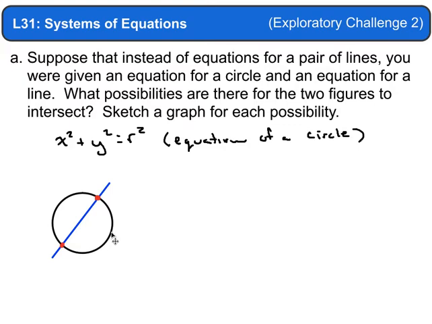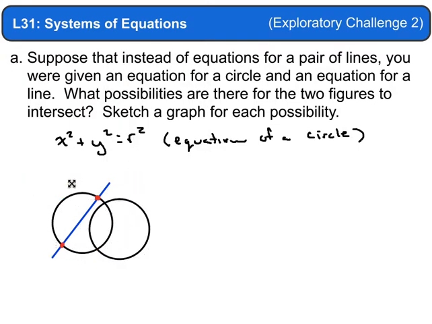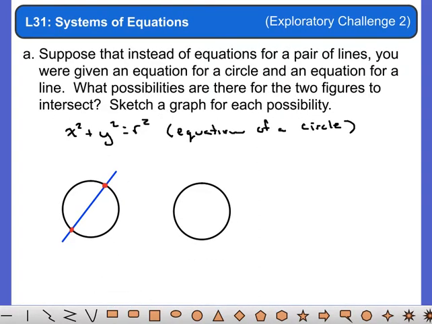Now, it's entirely possible, let's see if we can get this to work. I'm going to duplicate that. It's entirely possible I have another circle. And what else could happen, right? I could have a line that's going to go through and just barely graze the edge.